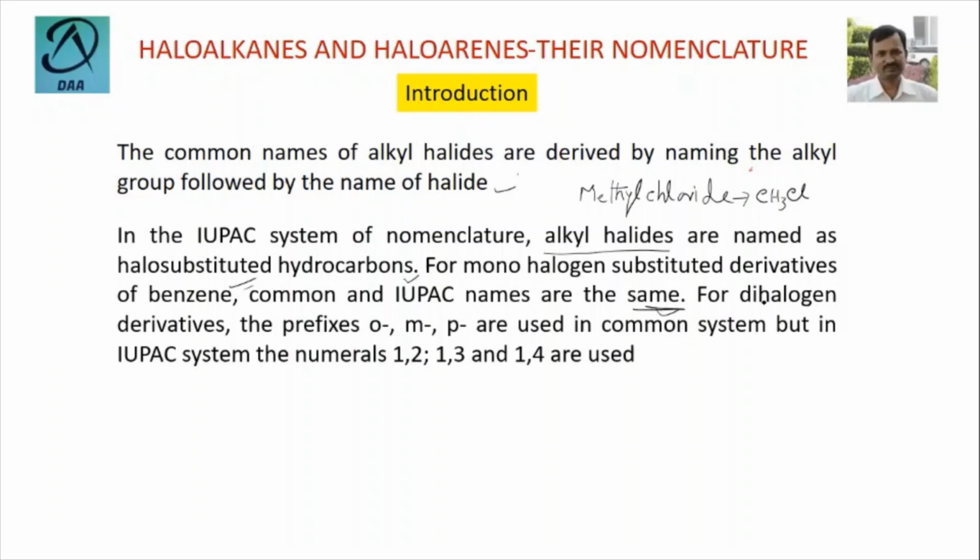For dihalogen derivatives, the prefixes ortho, meta, para, that means small o dash, small m dash, small p dash, are used in the common system for the derivatives of benzene.